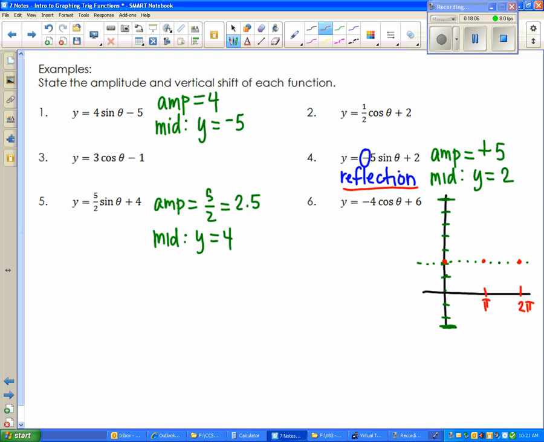But since this graph is reflected, instead of going up first, I'm going to go down first. And so halfway between 0 and pi, that's going to be at pi over 2, it's got to hit its minimum. And then halfway between pi and 2 pi, it's got to hit its maximum. And so this curve is going to look like that.